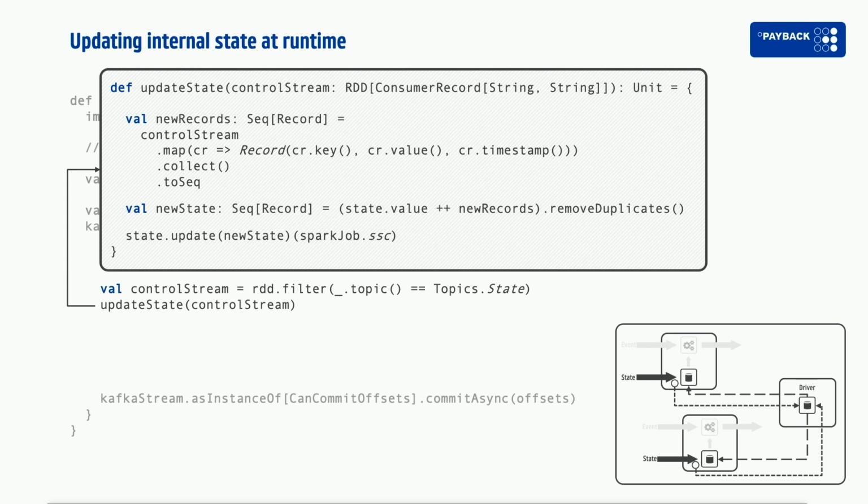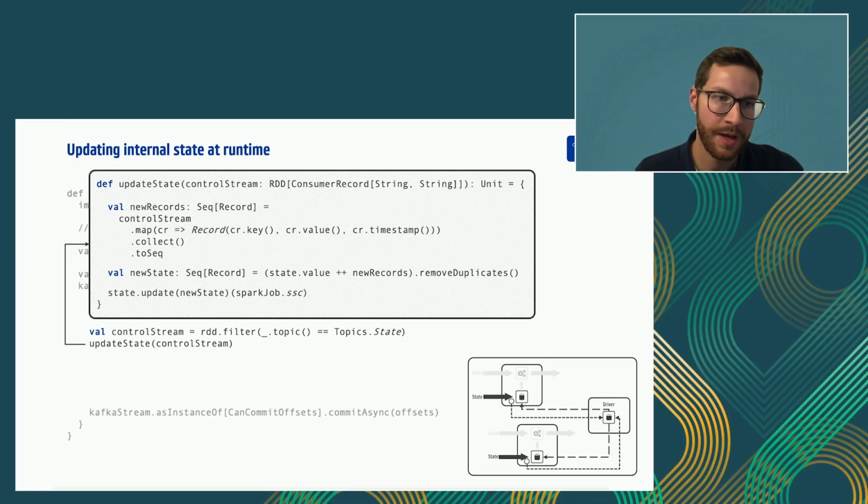And there we add all new records on top of a sequence of the previously read records. And if necessary, we have to remove duplicates here. And then we update our mutable broadcast with this new state. And by doing so, we rebroadcast this new state to all executors.